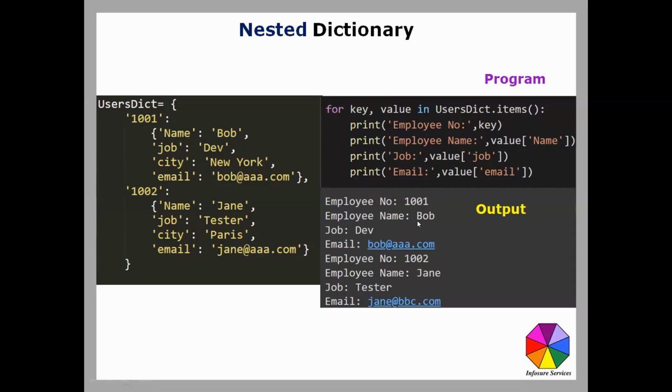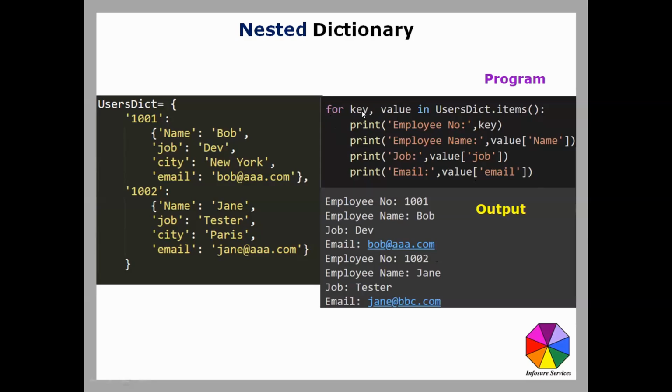Then it is going to print employee name Bob, job is dev. The inner attributes you can print like this. The value of email will return bob@reply.com. So this is an output of the nested dictionary.